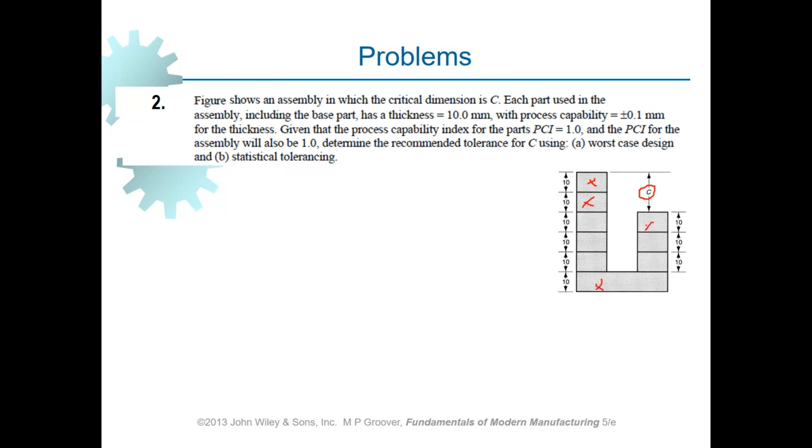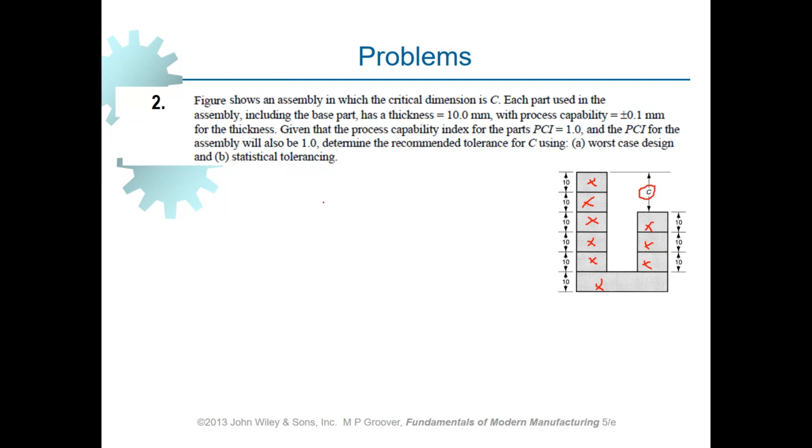And these ones will have a thickness of 10 mm and the process capability is plus or minus 0.1. What it means is that the thickness of each one could be something between 9.9 up to 10.1.